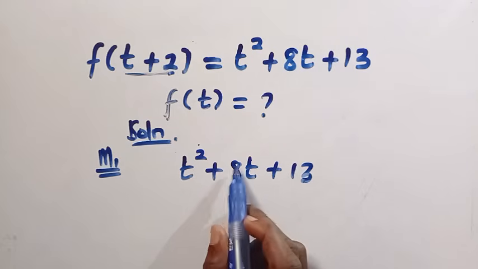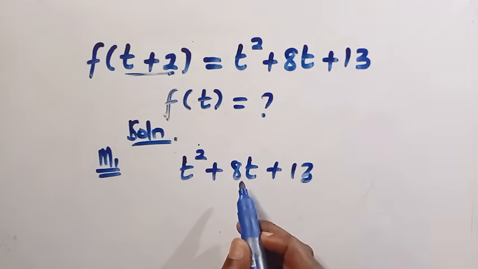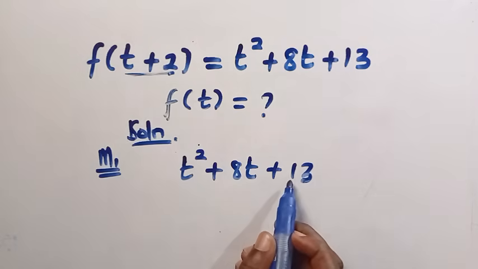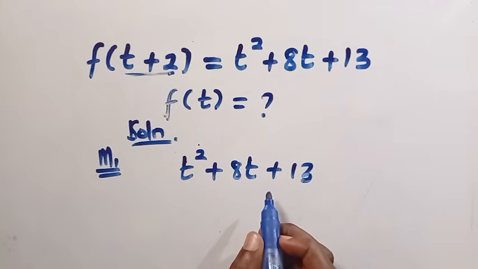First, looking at this 8, we have different numbers that we can add together or subtract that give us 8. But we look for the best one that will be very close to this 13 after we manipulate it.